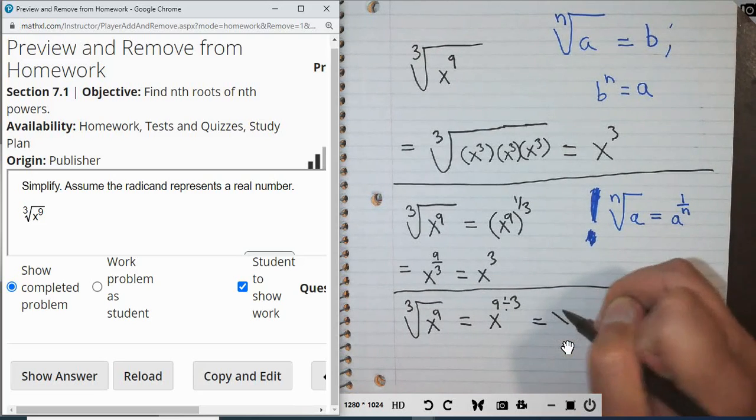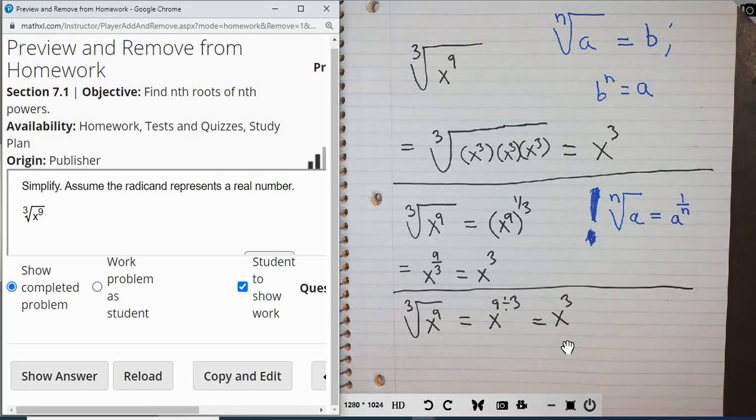So again, we get x to the 3rd. I like to show you these differing ways to think about this because this is really not a complicated problem, but sometimes students get a little overwhelmed. If you think of it in these three different ways, it should make a lot more sense.